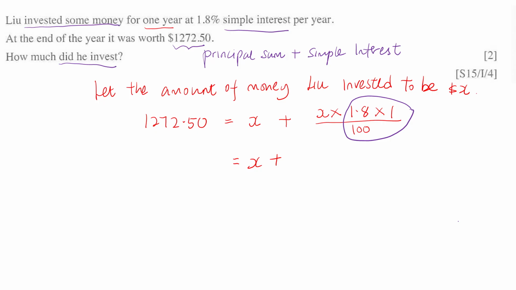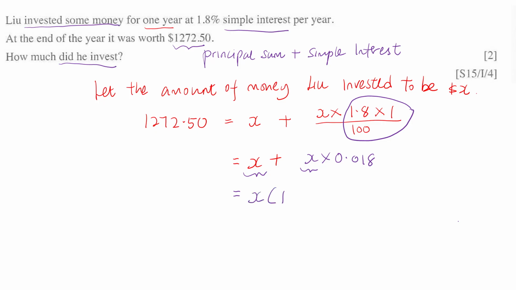That gives $0.018, so that will be X times 0.018. And if you're wondering how to simplify that, you see that X is a common factor here, so you can extract it out.